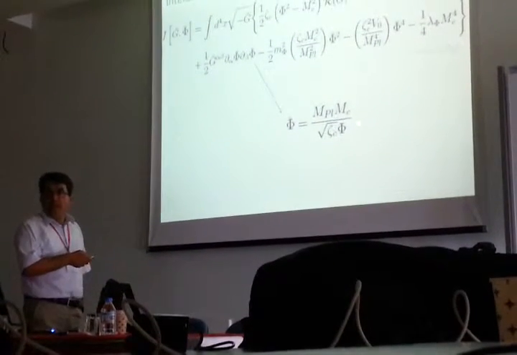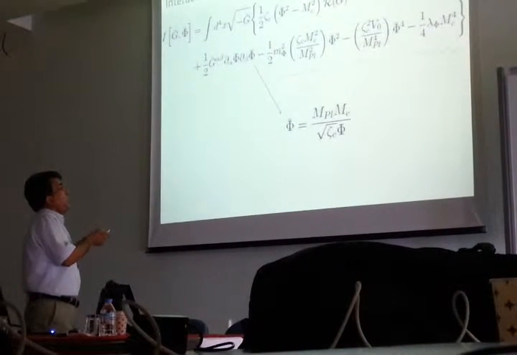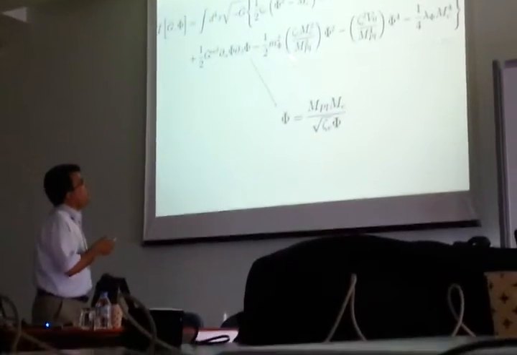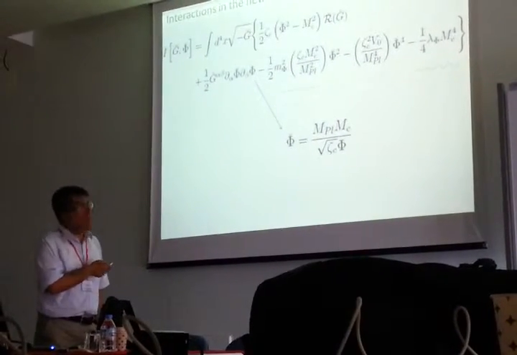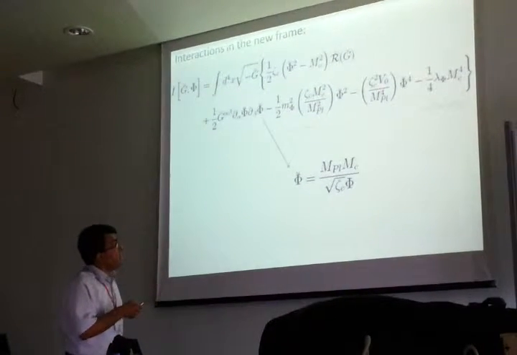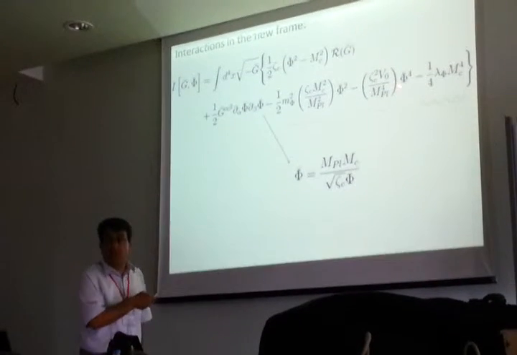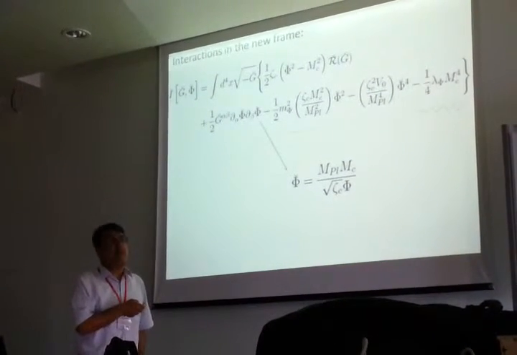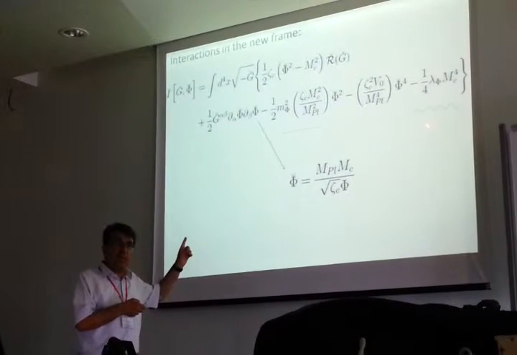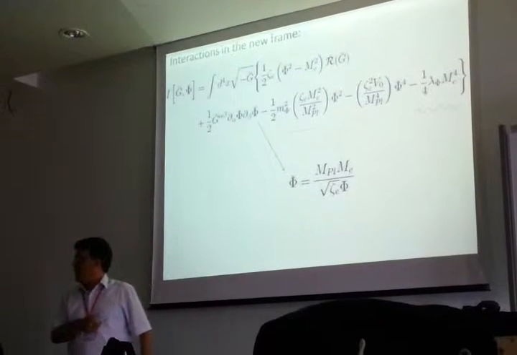As you see, the old field is redefined to have a canonical scale. The new field has certain properties. For example, its mass squared is proportional to m pi squared, but with a new factor involving mc squared over m pi squared. Next thing is that its quartic interaction is determined by the vacuum energy. And as I promised before, the quartic interaction in the previous theory has become vacuum energy in the new theory.